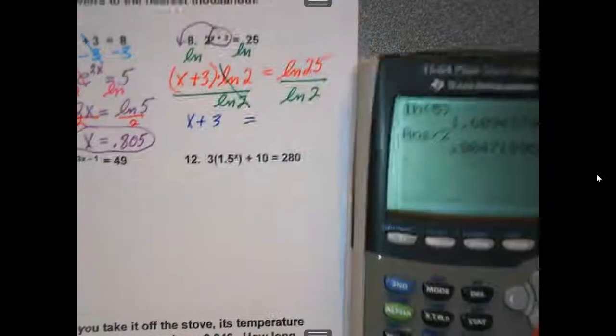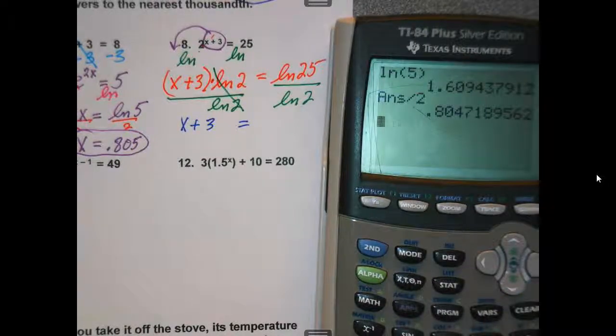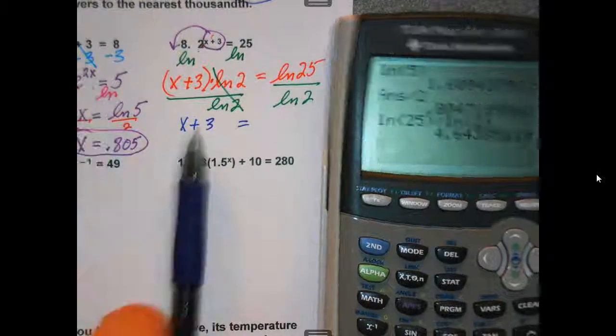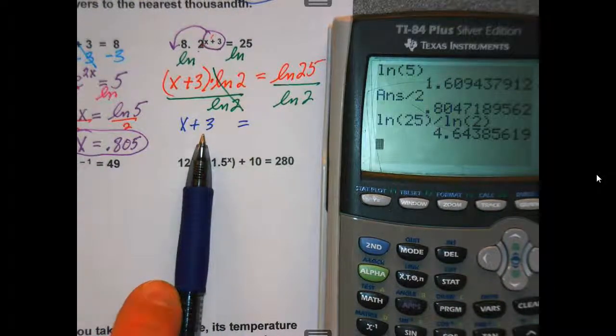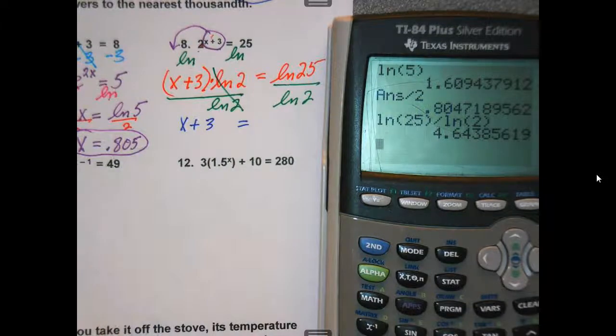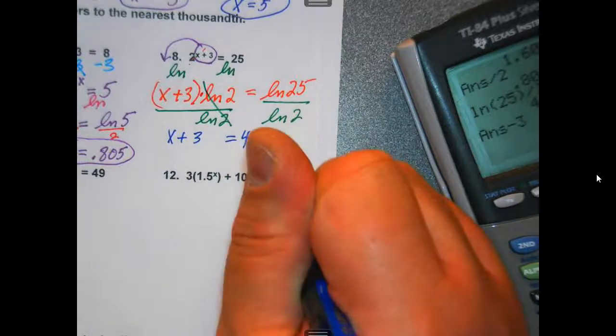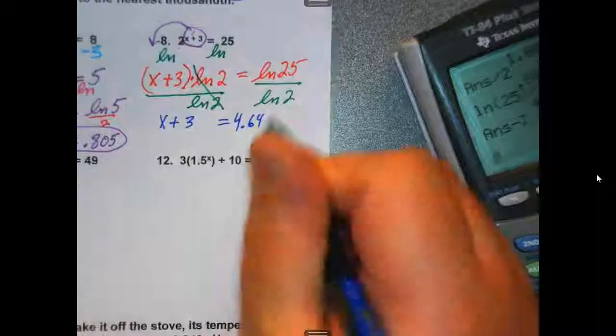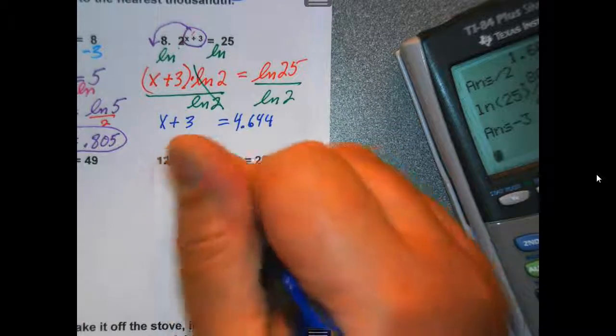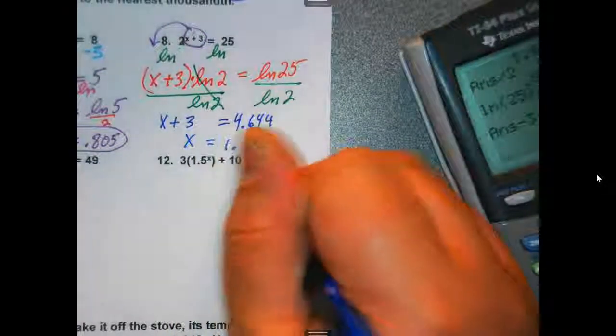Ln of 25 divided by ln of 2. Okay, and then I'm going to do what? I'm going to subtract 3 from it, right? So we might as well just subtract 3, and there's my answer for x. You want to write this out, it's 4.644. And then we're going to subtract 3, so x equals 1.6.